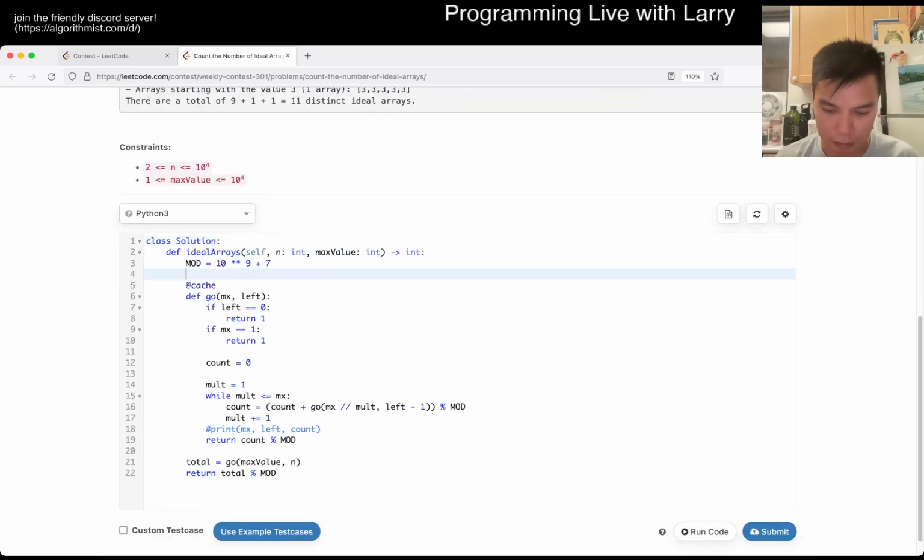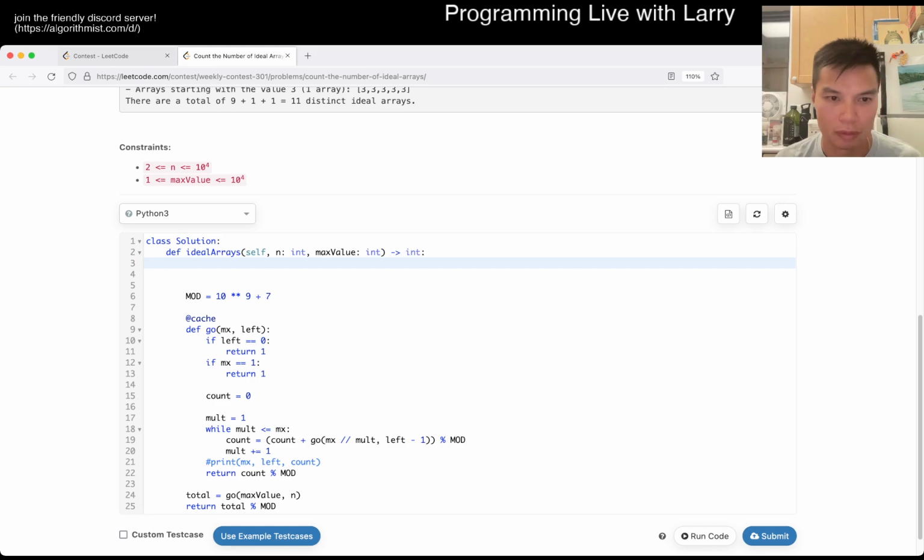Let's have it ready then. I feel like I've done this before. Trying to see if I can find some code, but maybe it's fine.